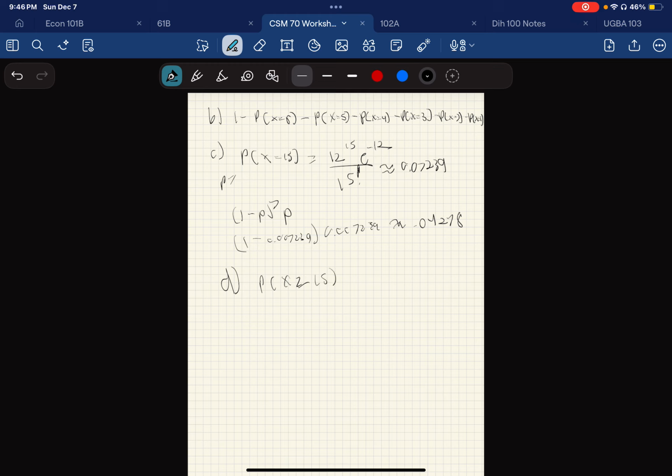Now it's changed to where it's x is 15 plus x is 16, and so on and so forth, which can be modeled as, I'll write that out, e to the negative 12, and then a summation from k equals 15 to infinity of 12 to the k over k factorial, which approximates to about 0.22798.